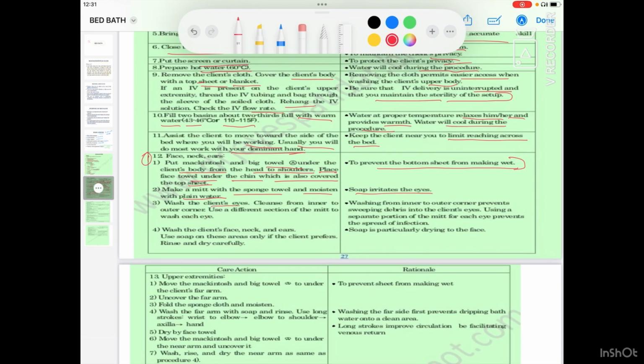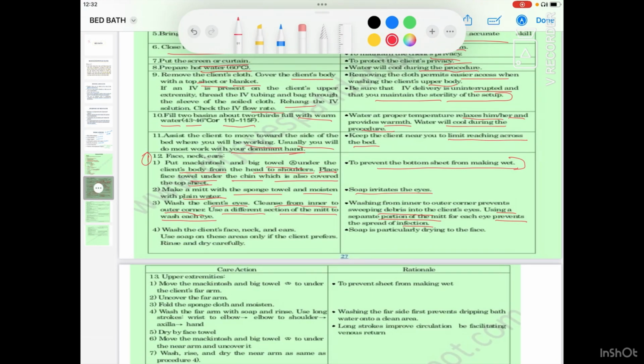Wash the client's eyes first and cleanse from the inner canthus to the outer corner, using a different section of the mitt for each eye. Washing from the inner to outer corner prevents sweeping debris into the client's eye, and using a separate portion of the mitten for each eye prevents the spread of infection.